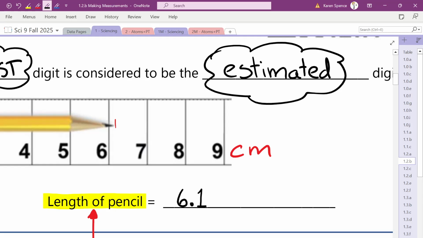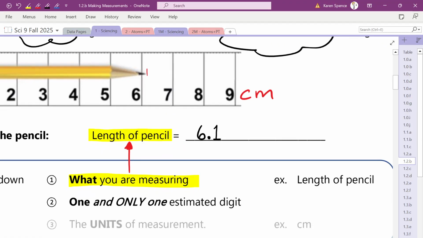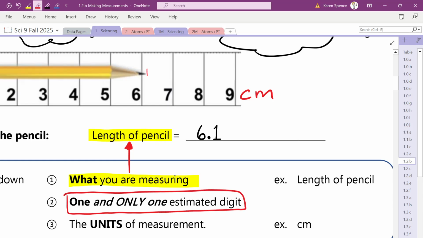So you need to have one and only one estimated digit. That is that one right there. So you have 2 things so far that you need: what you're measuring, and your measurement has one and only one estimated digit.